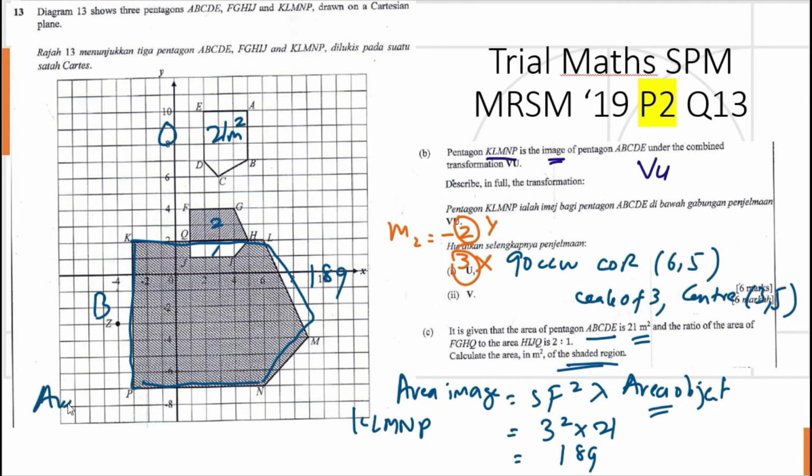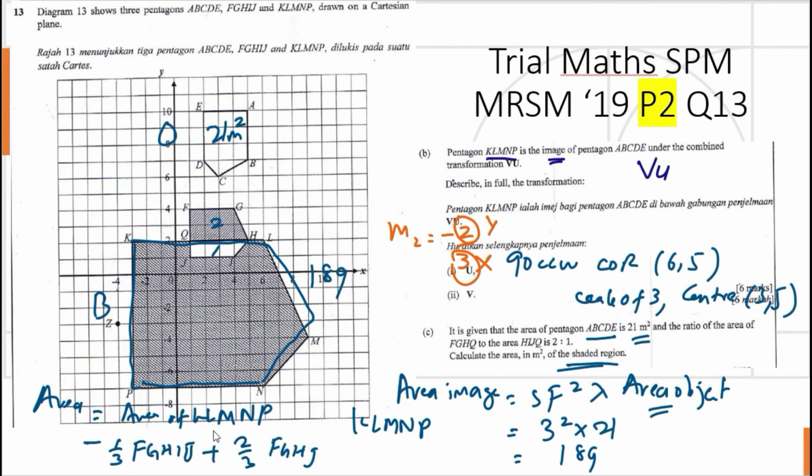So area is equal to area of KLMNP minus 1 over 3 of area FGHIJ plus 2 over 3 of area FGHIJ, because we have 1 and 2 over 3.